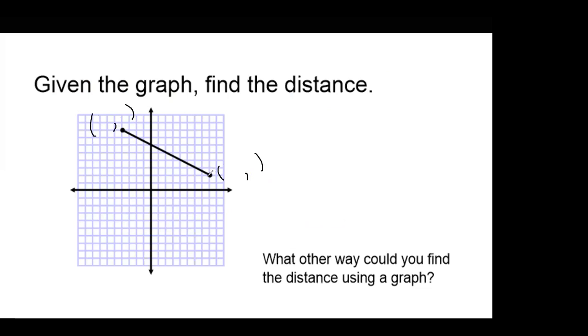So what is this point here? If I count 1, 2, 3, 4, 5, 6, 7, 8. 8, 2. And this one over here is -4. And then up 1, 2, 3, 4, 5, 6, 7, 8, right? Okay. Now we're able to actually find the distance using those 2 points, correct? All right, so let's go ahead and do that.